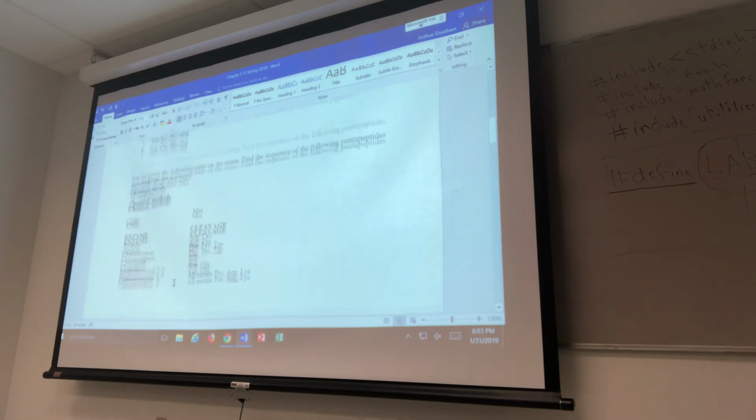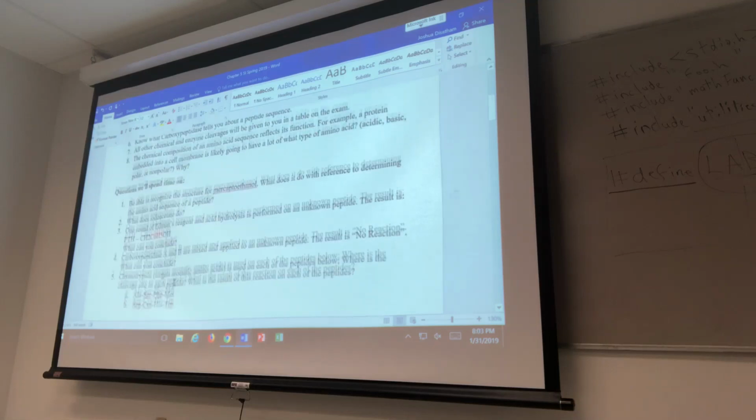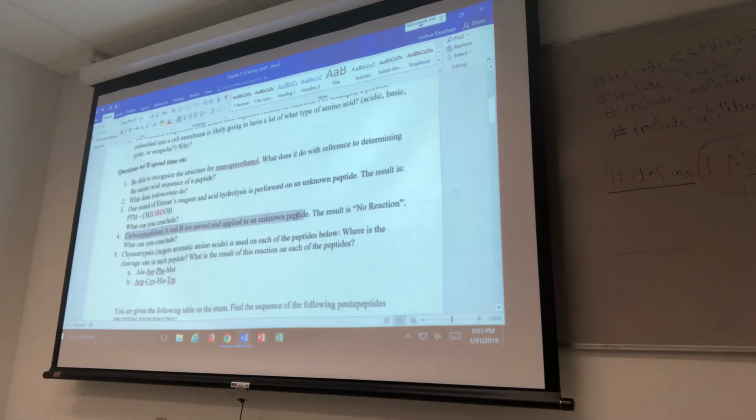Okay? The reason why I give you that is because sometimes there's a clue that will tell you this. Let me highlight it. The result is no reaction. Carboxypeptidase A and B are mixed up and applied to some unknown peptide, but no reaction happens. What can you conclude?